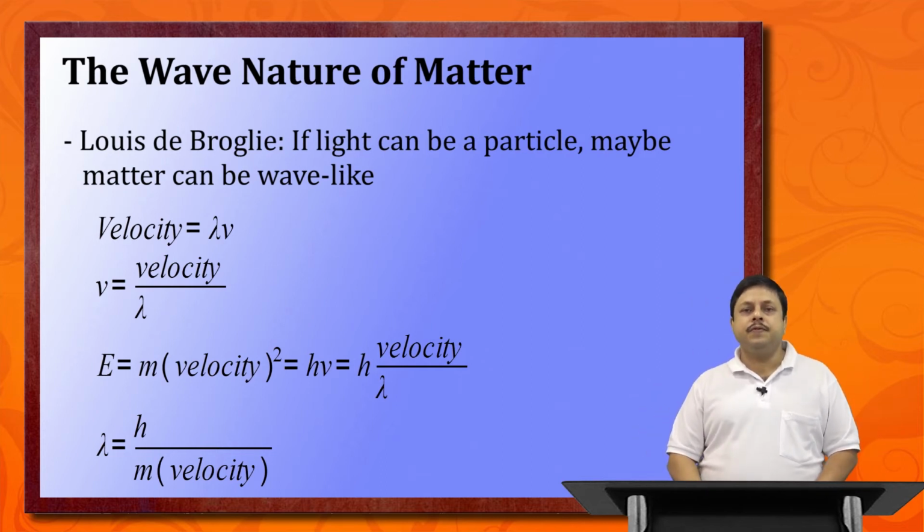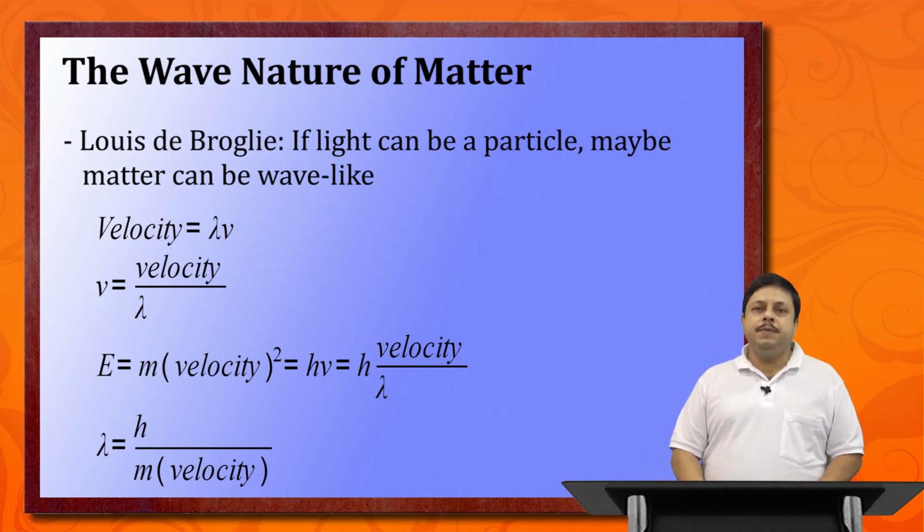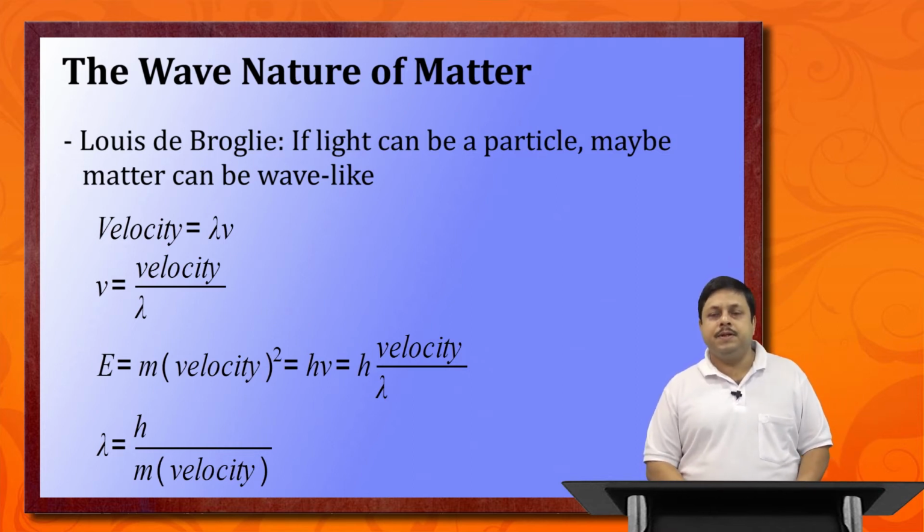This was a very striking observation that de Broglie made. Just like light, which can be wave-like or photon-like, that means matter-like, similar observations were there for matter as well. Matter can be particle-like depending on what sort of experiment you are performing, and it can also be wave-like.